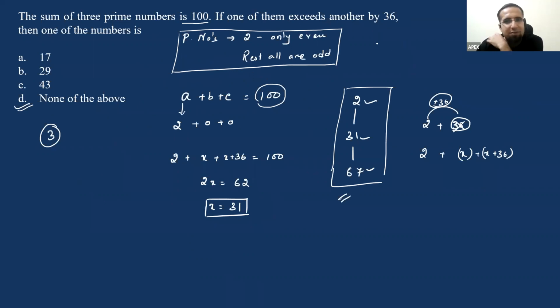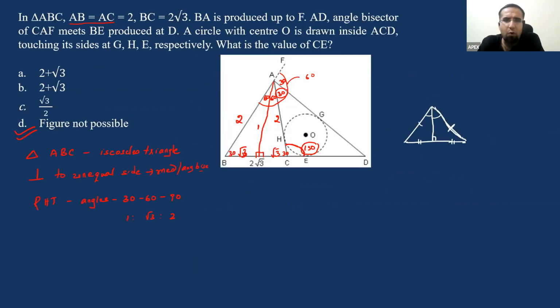Sum of three prime numbers to me should be a first go question because not too much to do, just trial and error, but yes, it will be a first go question only if the idea comes to your mind that A should be equal to, right? Now, isosceles triangle, generally this is a try. In case you're comfortable with isosceles triangle, go with it. Else it's a try-based question which should be attempted in the second shot.